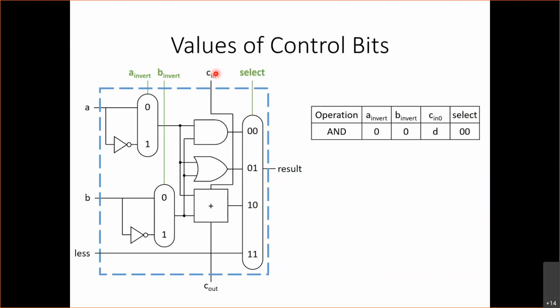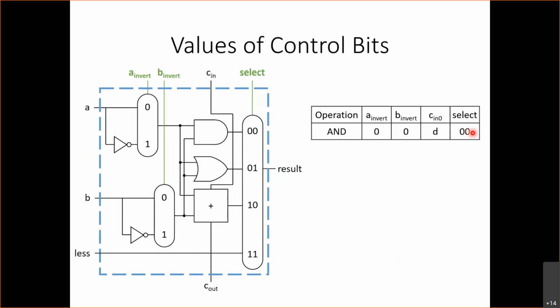As for CarryIn, I don't care about its value, because that only goes into the adder, which doesn't affect the AND operation. So 0 for A invert, 0 for B invert, don't care for CarryIn, and 0, 0 for select. This control signal will make the ALU perform an AND operation.